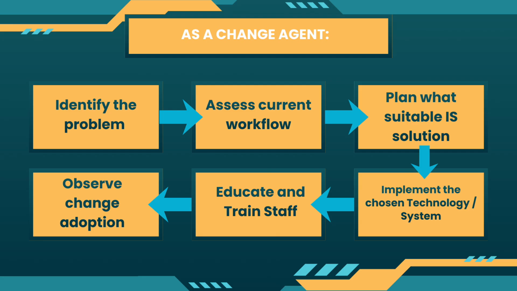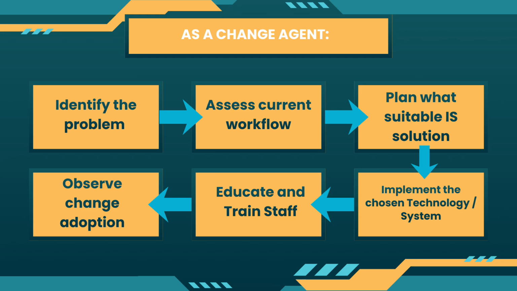So first, we must identify the problem, because by identifying the problem, we're able to think what appropriate policies or implementation we will make for the professionals. Second is to assess the current workflow of the professionals.